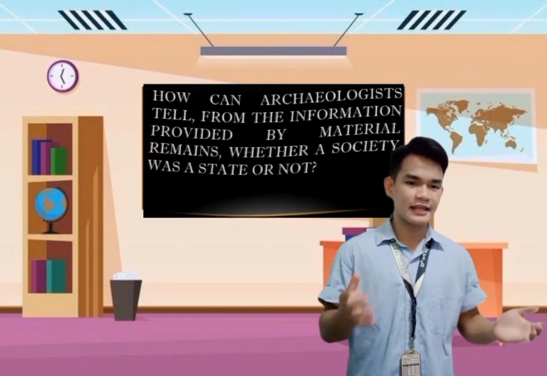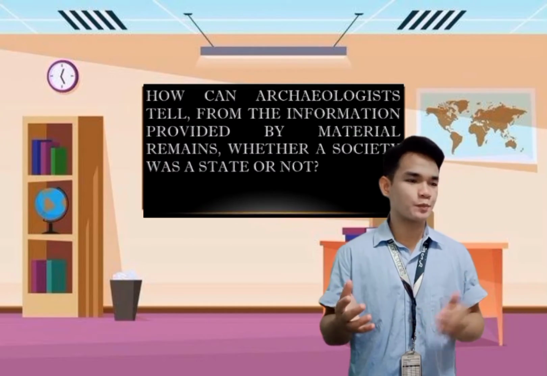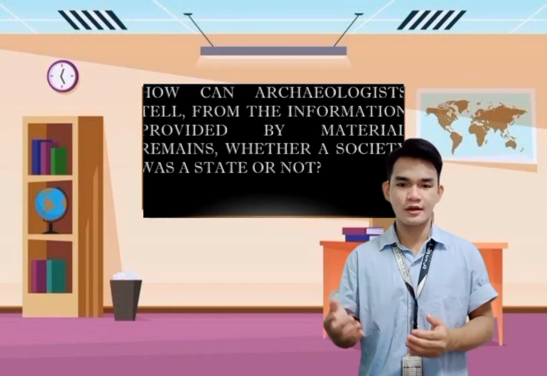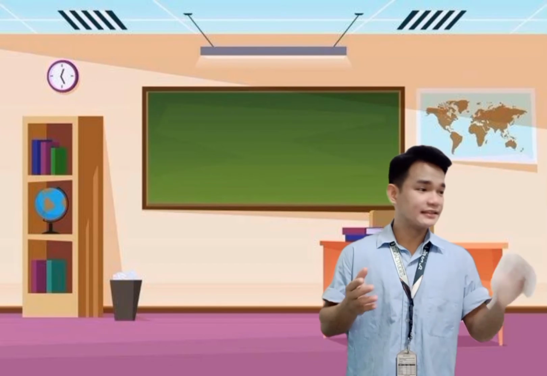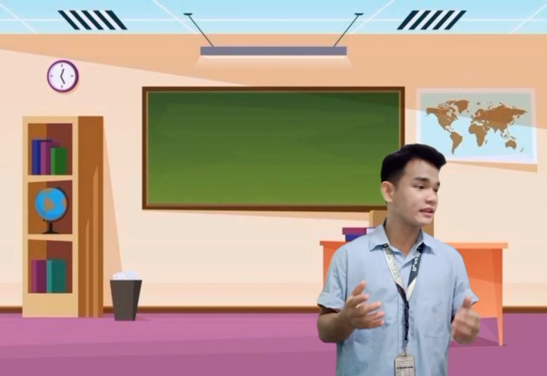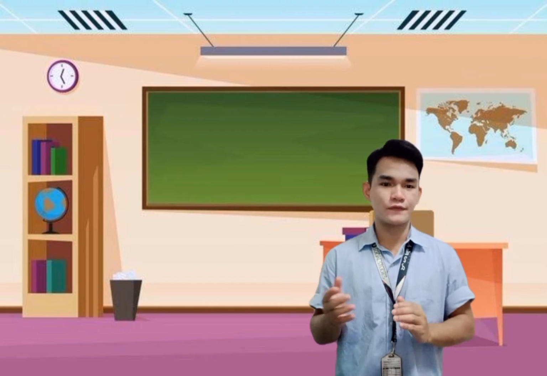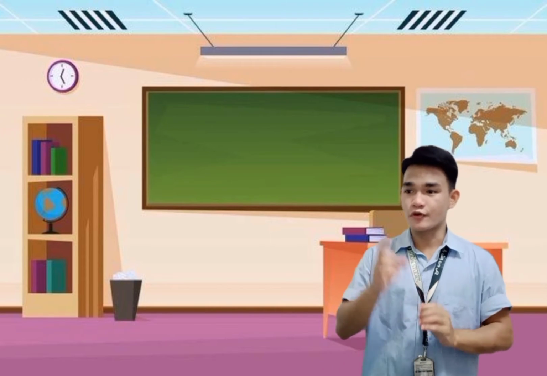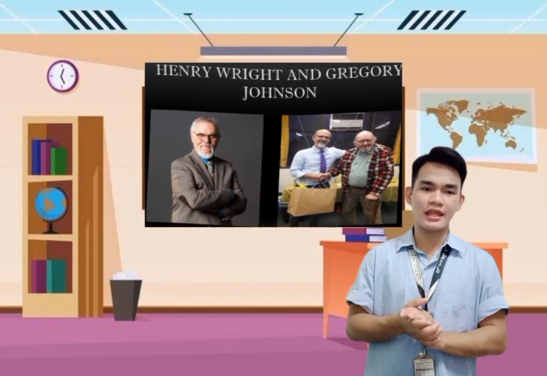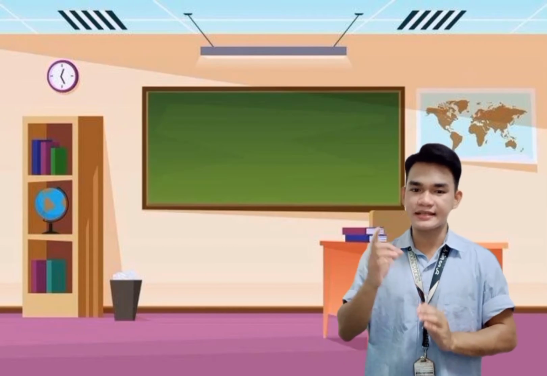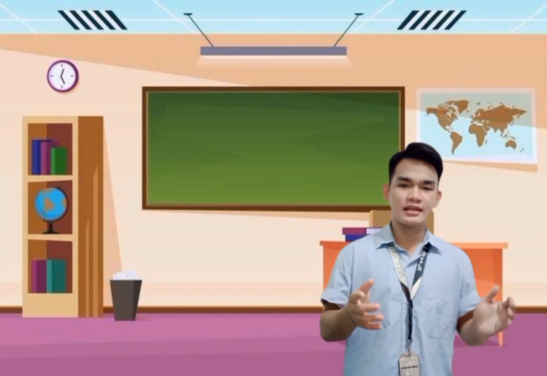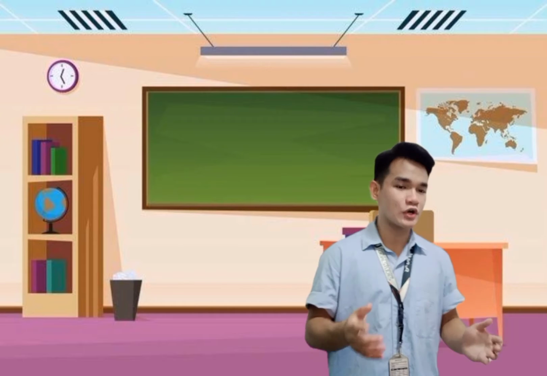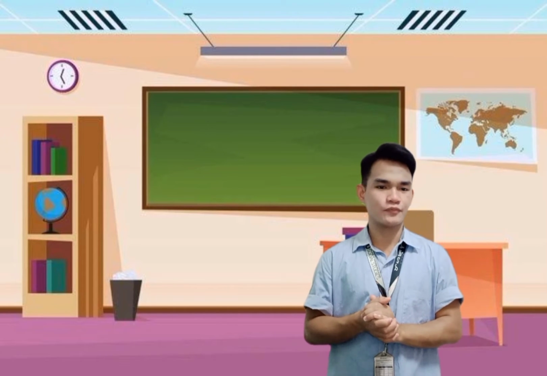How can archaeologists tell from the information provided by material remains whether a society was a state or not? This depends in part on what is used as the criterion for a state. For example, Henry Wright and Gregory Johnson define a state as a centralized political hierarchy with at least 3 levels of administration.